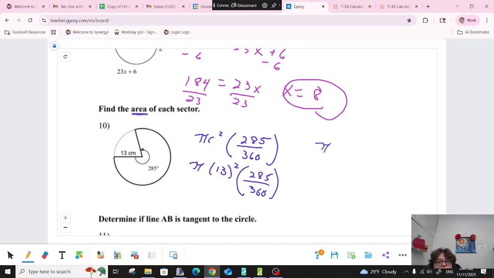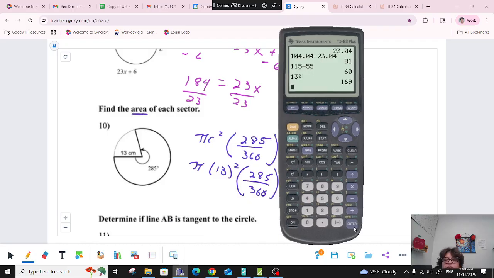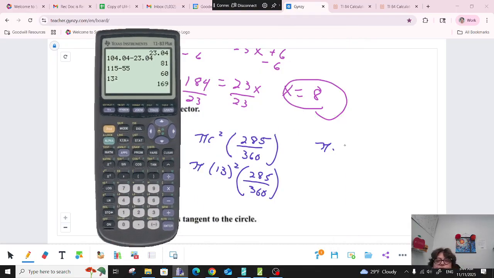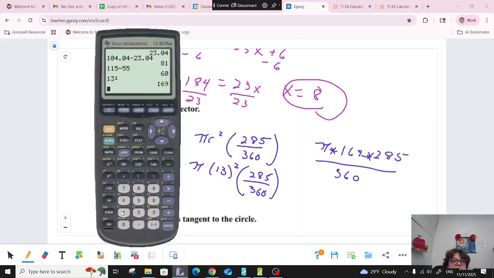So pi, what's 13 times 13? 169? Is that right? Yeah, I was right. So pi times 169 times 285. Let me make those look like multiply. Divided by 360. We're going to keep it as exact answers.